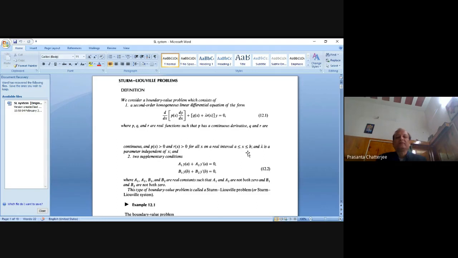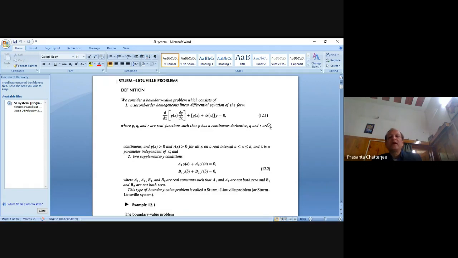But if the conditions are given at more than one point, then they are called boundary conditions. Here, x is defined in the closed interval [a, b], and the conditions 12.2 are given at two points, at the point a and at the point b. So the conditions are boundary conditions.